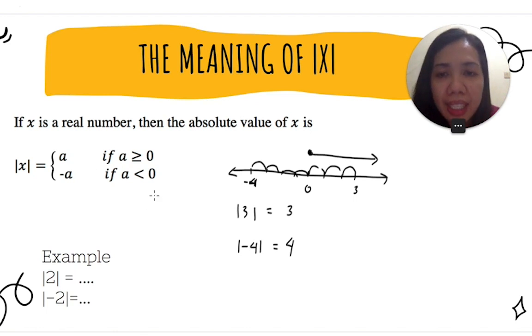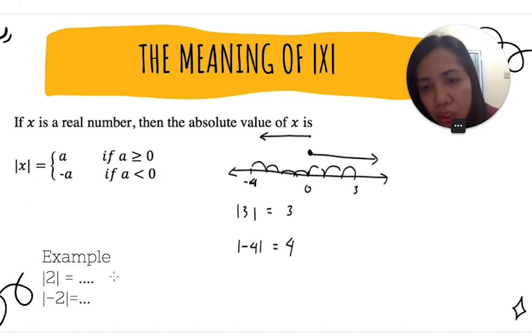But if a is less than 0, for example from here, with 0 not included, going to the left side, we need to multiply by minus because here we have a negative number, and minus times minus becomes positive. From this formal definition, we can also see that the result of the absolute value can only be two possibilities, which are 0 or a positive number, because we are talking about the distance.